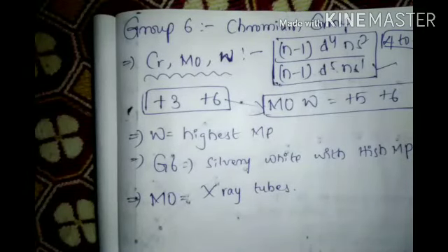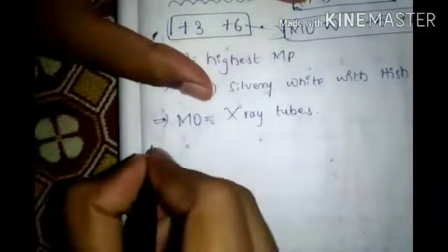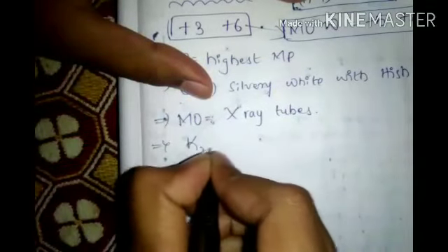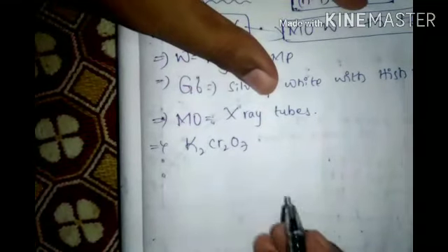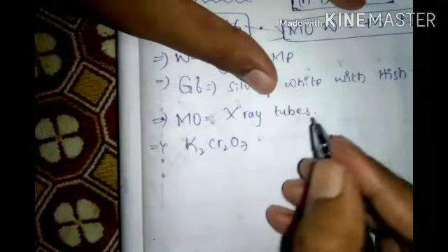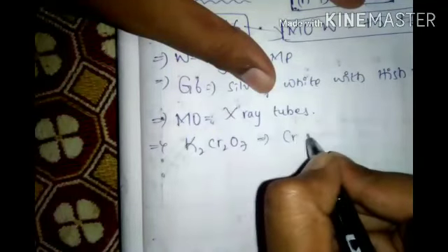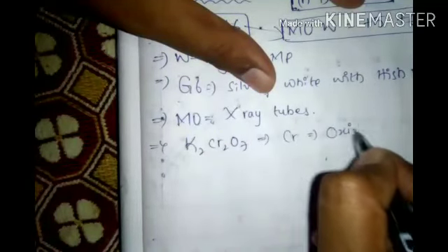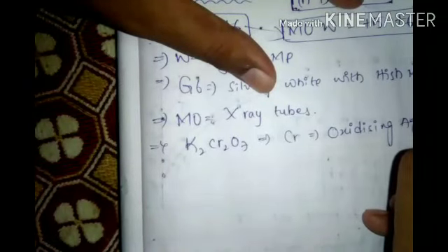Where tungsten is used, everybody knows. Very important: K2Cr2O7, potassium dichromate, is an important compound, and Cr is used as an oxidizing agent.